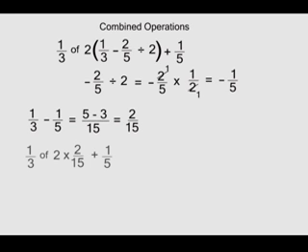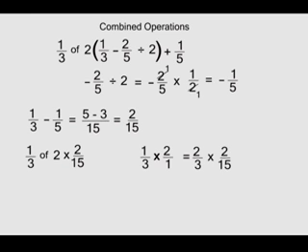So now we have 1 over 3 of 2 times 2 over 15 plus 1 over 5. Now we go to "of", which is simply multiplication. 1 over 3 times 2 over 1 is equal to 2 over 3. Then we multiply this by 2 over 15. So 2 over 3 times 2 over 15, there's nothing to cancel and we get 4 over 45.